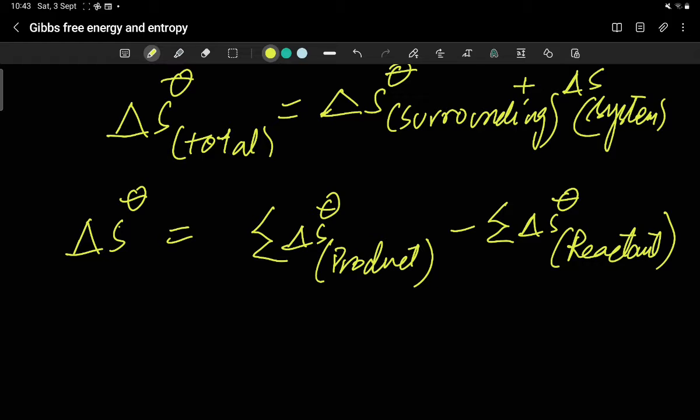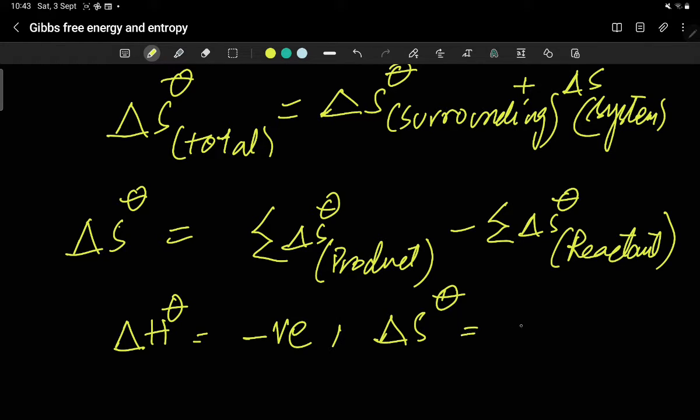And we also interlink with the enthalpy change. If enthalpy change, delta H, is negative, then the entropy of the system would be positive or increased.